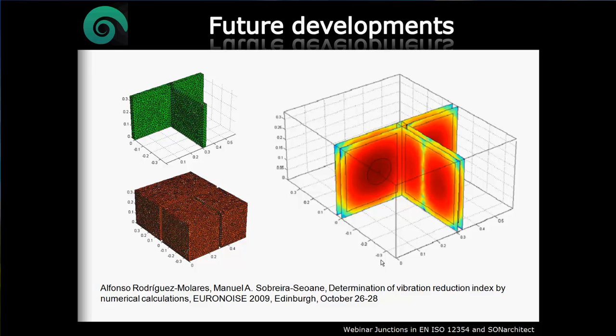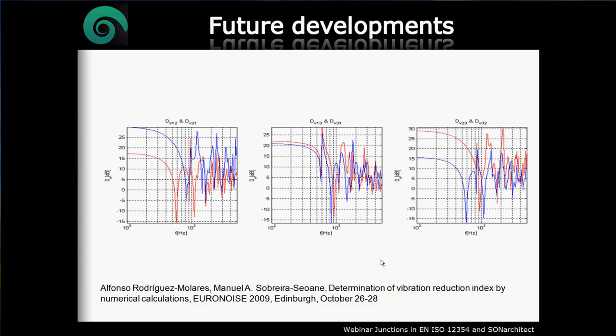Here you can see the values that I predicted with the finite element method. And well, the first thing that you will see is that the vibration level difference is not as constant as the standard is making us believe. But you will have a lot of differences, in one-third octave bands.